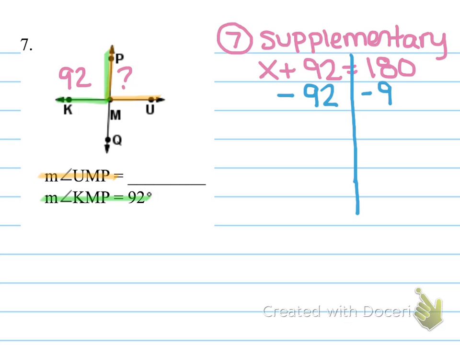We're going to minus 92 on both sides. Then I need to bring down the x, bring down the equal sign. 180 minus 92 is 88 degrees. So angle UMP is 88 degrees.